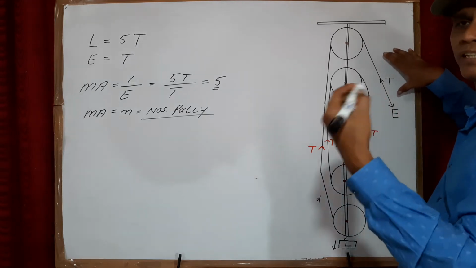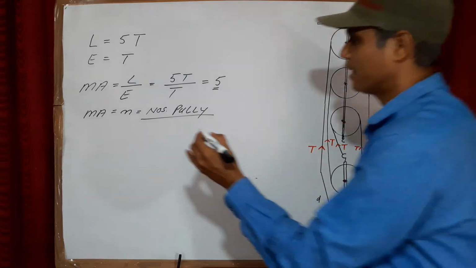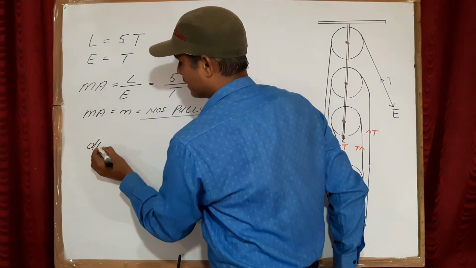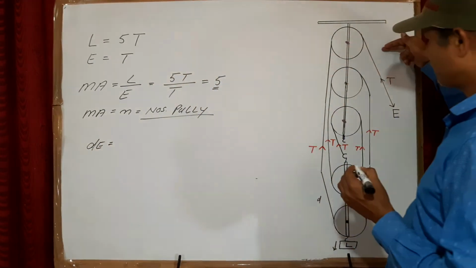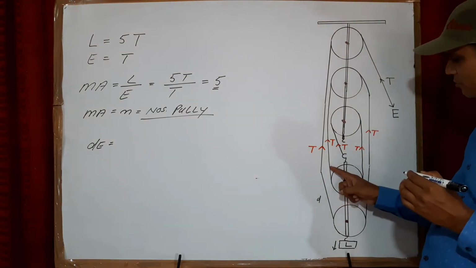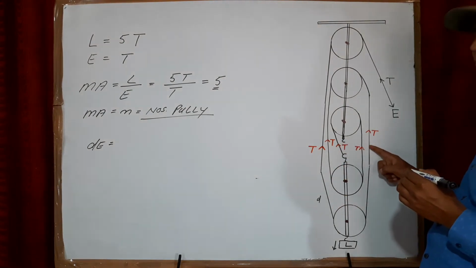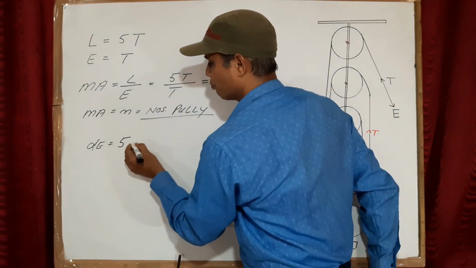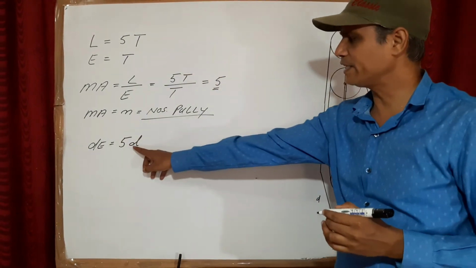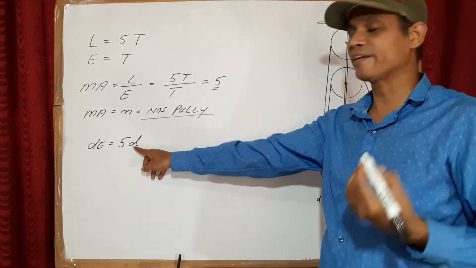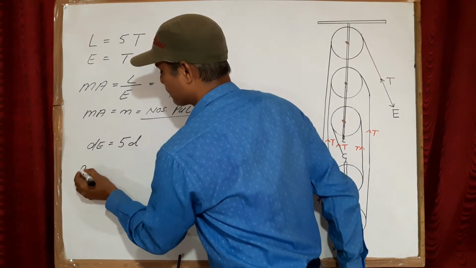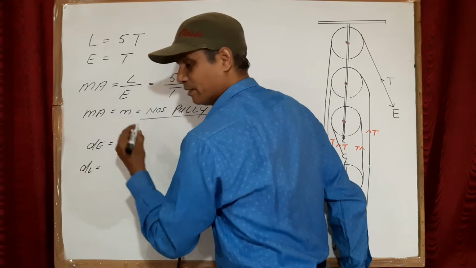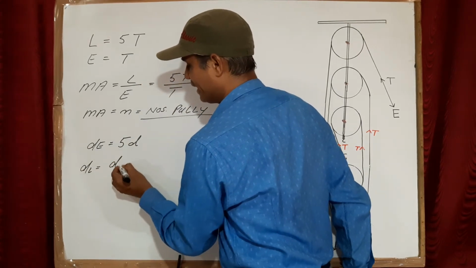If I represent effort displacement by dE, then the effort will be displaced by 5d. Effort displacement will be 5d, and the load, as I told you, will be displaced by d only.